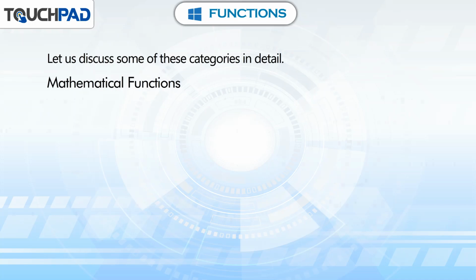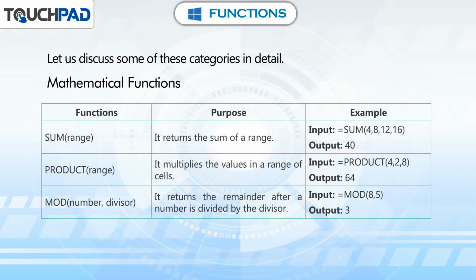Mathematical functions. Functions, purpose, example. SUM(range). It returns the sum of a range. Input: =SUM(4,8,12,16). Output: 40. PRODUCT(range).